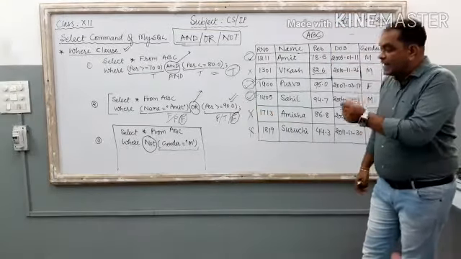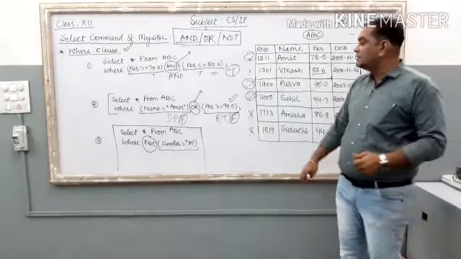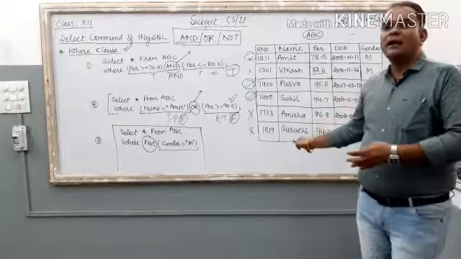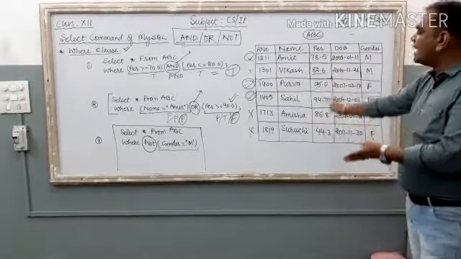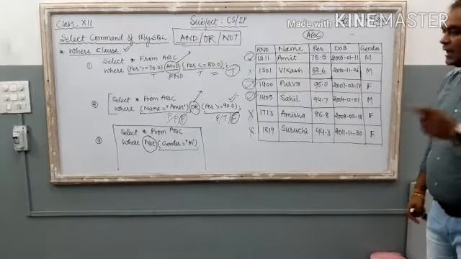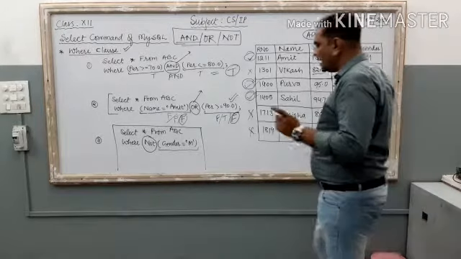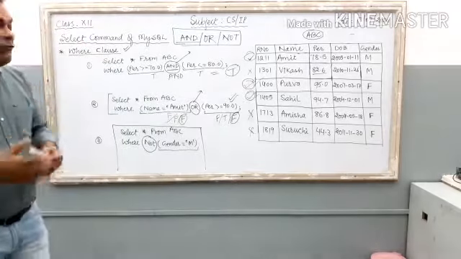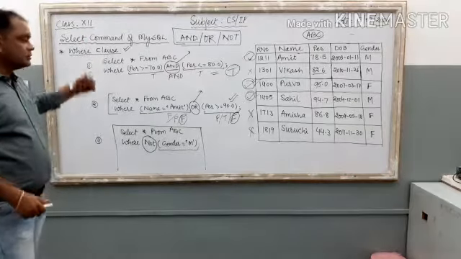Where not gender equal to M means the computer is not going to show the male candidate records, it will show female records only. Right? It is known as not. Done? So, these are the three different formations of this where clause.